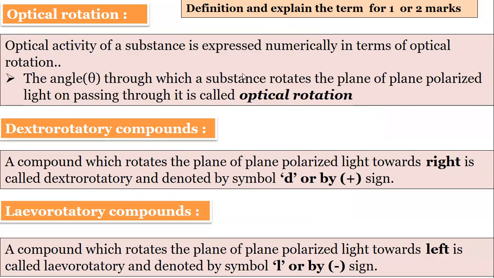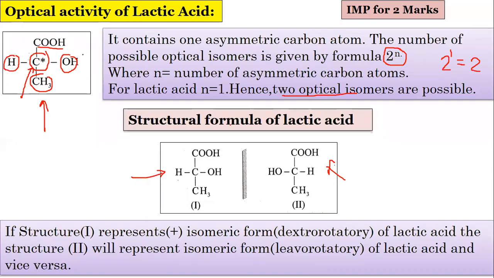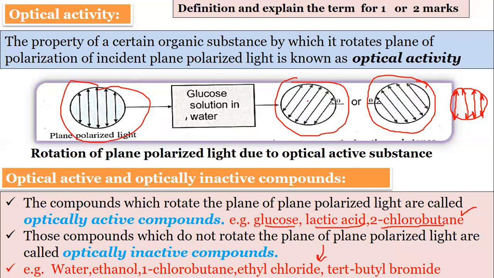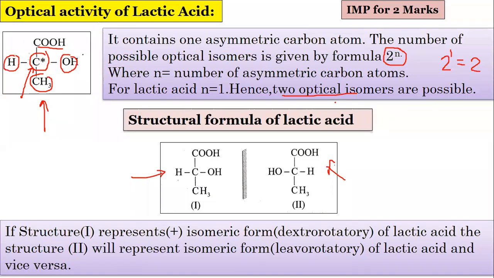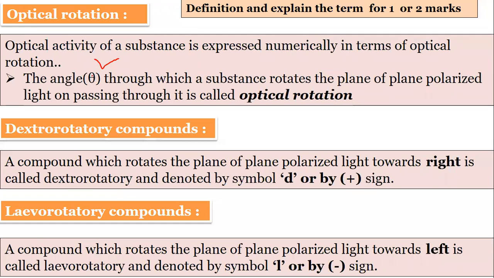And now the terms. Optical rotation: this angle theta is called optical rotation. Just as I explained, optical rotation is denoted with angle theta. This is the rotation. Then dextrorotatory: when it is rotated to the right hand side, it is called dextrorotatory, and it is shown with the symbol D or plus sign.